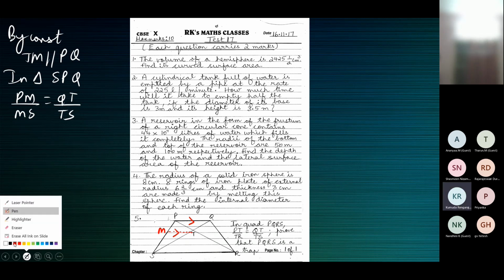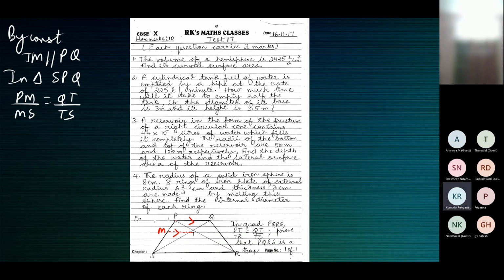Why did we take this triangle? Because here only we have the construction. Some of us will write PM by MS is equal to ST by TQ. That's wrong. It is PM by MS is equal to QT by TS.